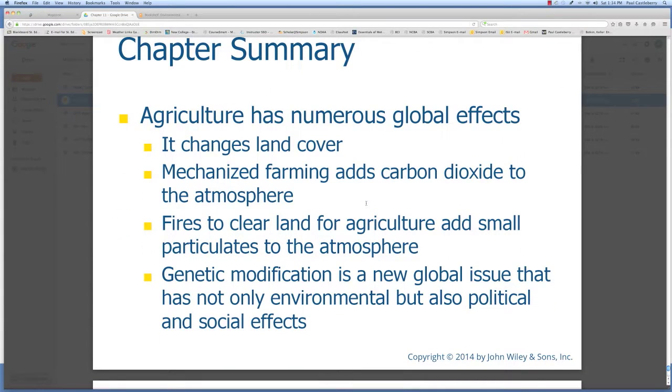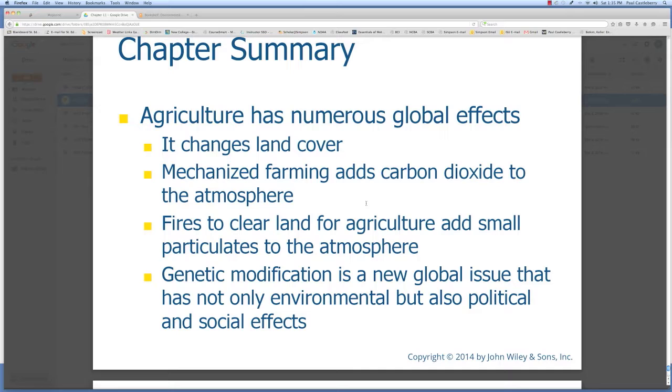Agriculture does affect the globe. It changes land cover. It adds CO2 to the atmosphere, and when we get to the chapter on global climate change, we'll talk about the effects that carbon dioxide has. We already know, if we go back to the biogeochemical chapter, we talked about CO2 present, and that forms a weak carbonic acid that impacts not only the atmosphere but also the soil.